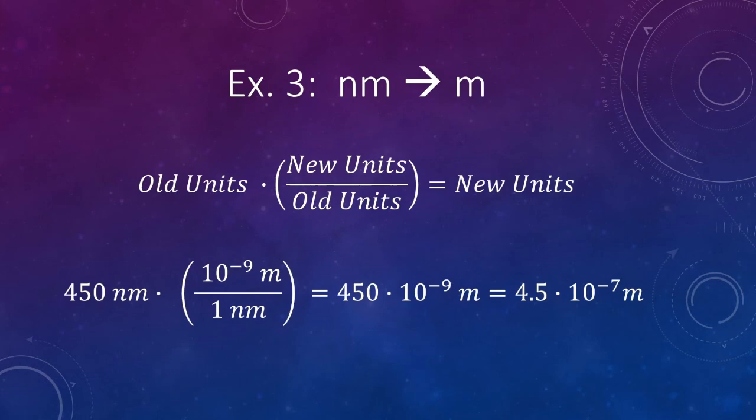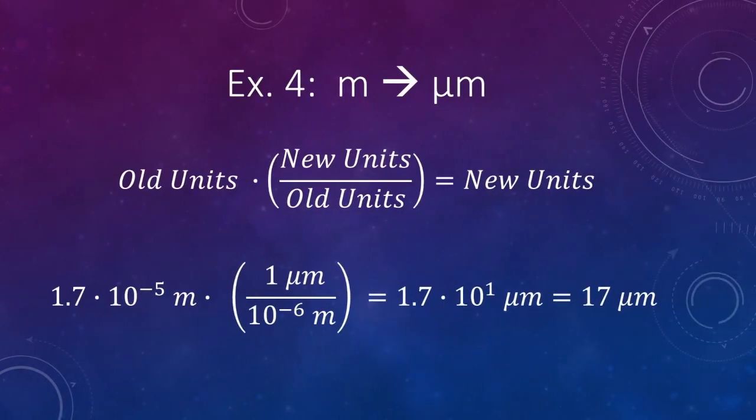Lastly, let's go the other direction from meters to micrometers. So we'll start off with 1.7 times 10 to the minus 5 meters. And meters are the units that we want to get rid of, so we'll put that on the bottom. And our new units that we want are micrometers, so we'll put that on top.